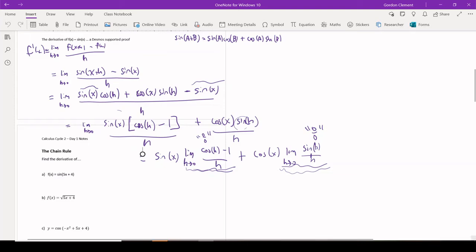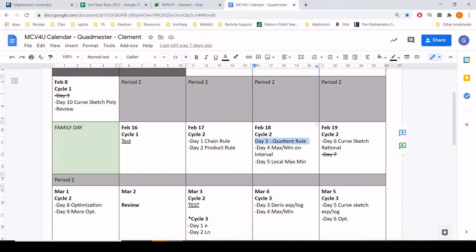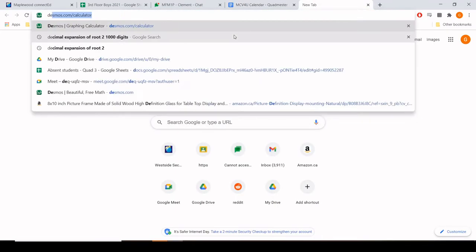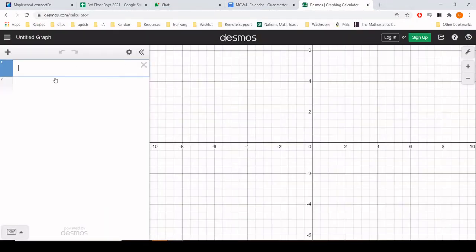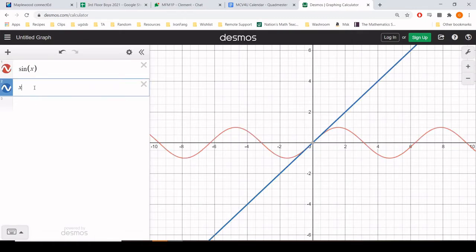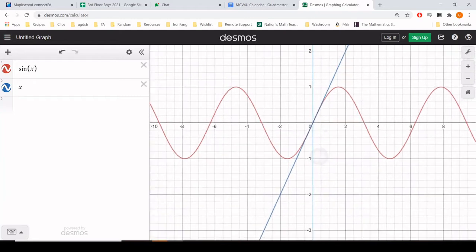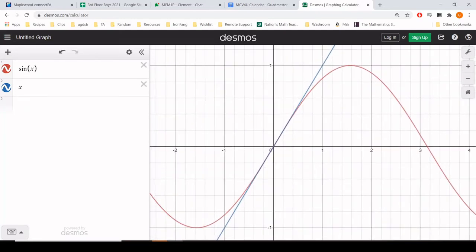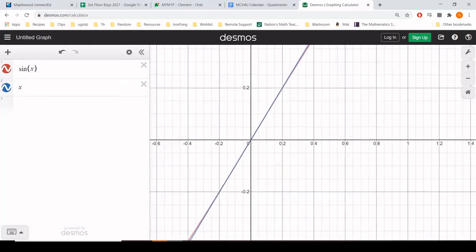So I'm going to start with this limit, sine h over h as h goes to 0. We'll jump over to Desmos: sine x, and just x. So what we're doing is the limit as h goes to 0 of sine of h over h. Now I can't punch h's into Desmos, you have to use x's, but basically we're looking at the red graph divided by the blue graph as x goes to 0.